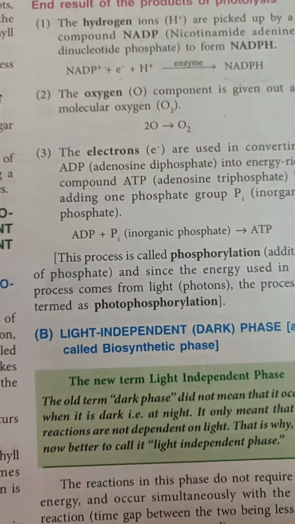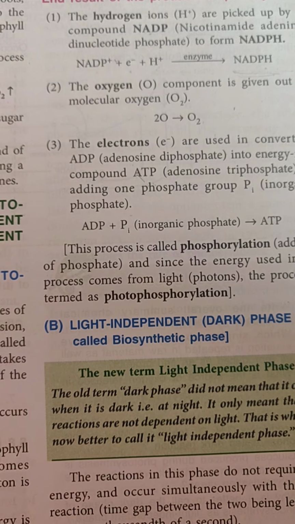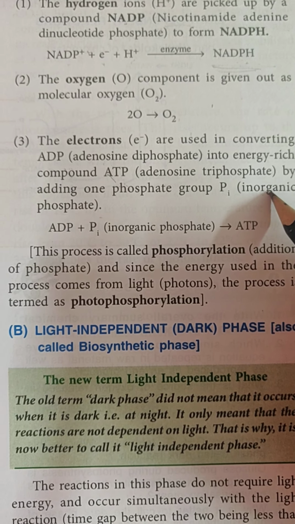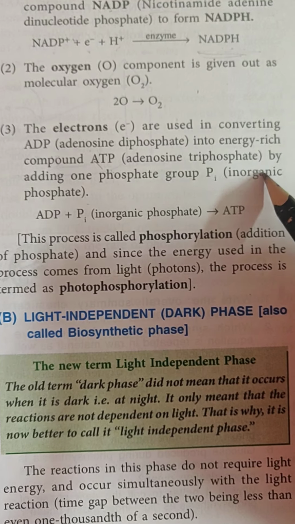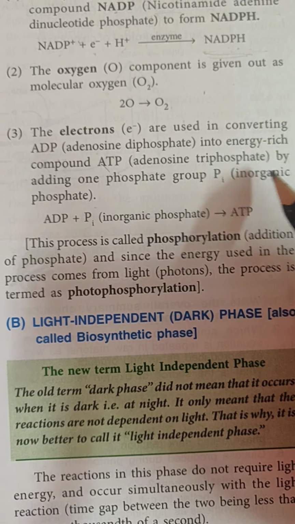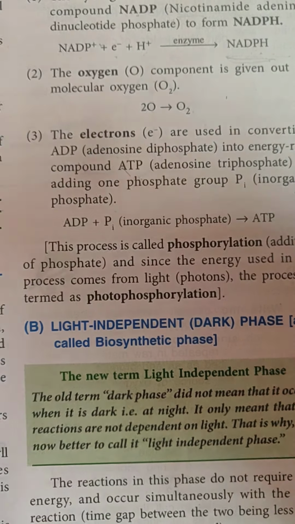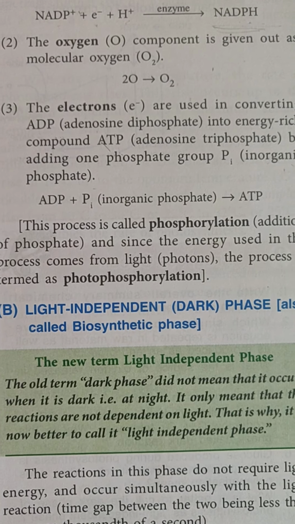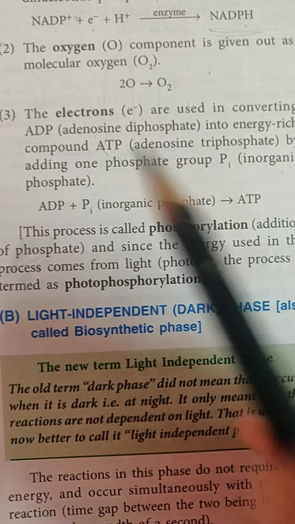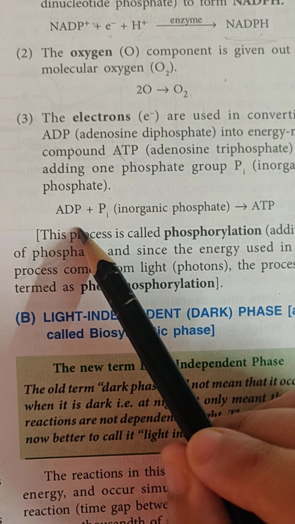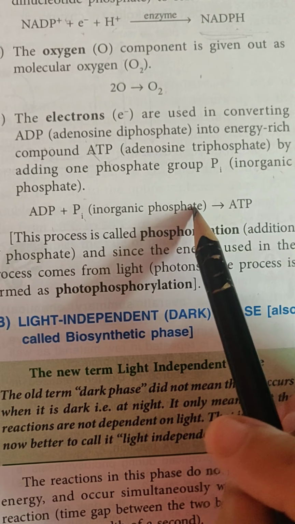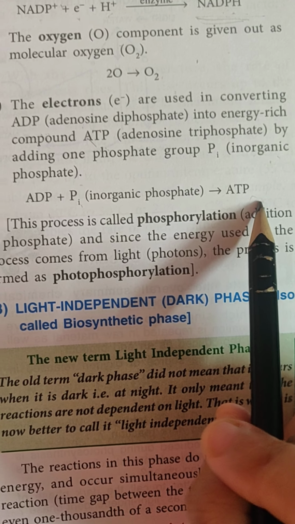Now this is inorganic phosphate, not organic phosphate. Inorganic phosphate, we can assume, has been supplied by the root when it absorbs the water as well as minerals. So adenosine diphosphate plus inorganic phosphate becomes ATP.